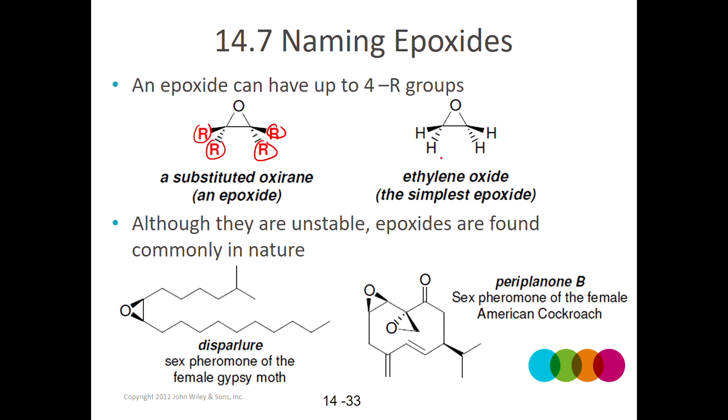The bigger the R groups, the more the ring strain, because the torsional strain is going to be much bigger when you have eclipsing groups that are larger and sterically hindering. Nevertheless, as we said, they are stable enough to exist for a significant period of time, and they are formed in nature, especially commonly in pheromones used by insects. So that's pretty cool. Those structures exist long enough to be produced by insects as a way of communicating.